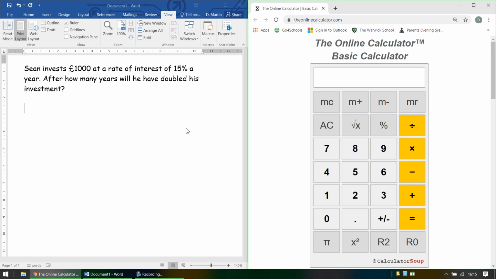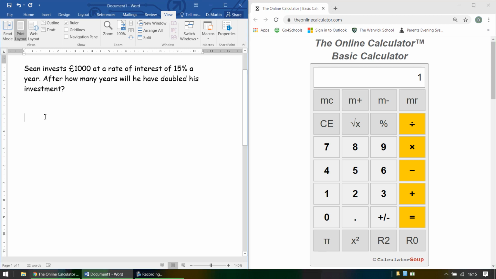And we're going to start off just by going, right, year one, we have a total of £1,000 and we add on 15%. Now to do that, you could work out 15% and add it on, but I'm going to use the calculator and say 1,000 times 1.15. Tells me that after 1 year, I've got £1,150.